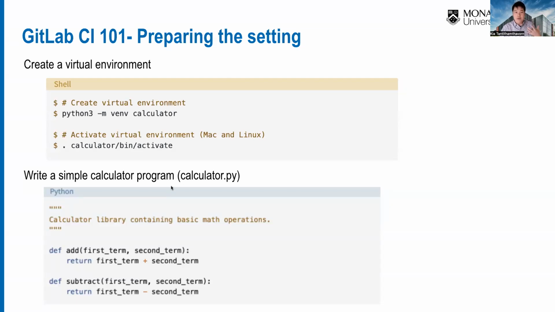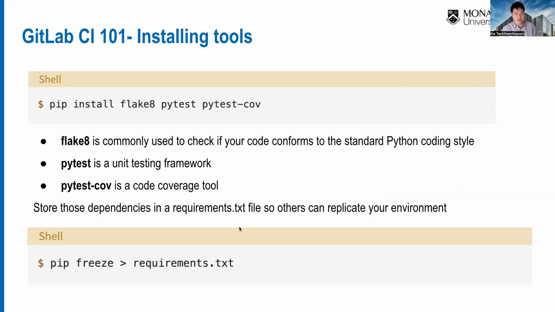We just write a simple calculator program, okay? With the file name calculator.py with only two functions. add, okay? The first one, the second one, return first plus second. subtract first, second, and return first minus second. Easy. Calculator. We install the testing library here.